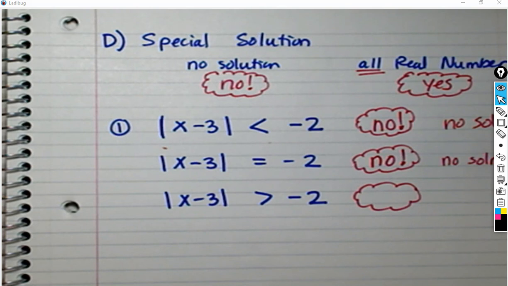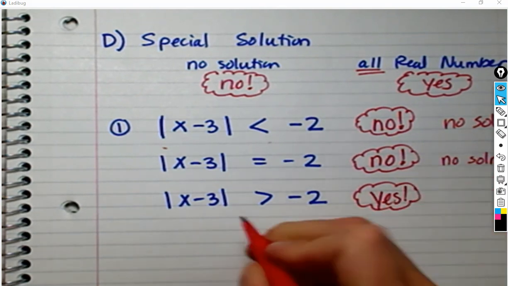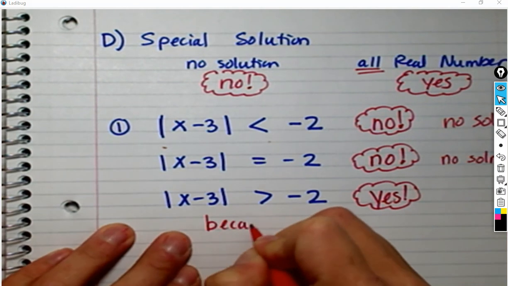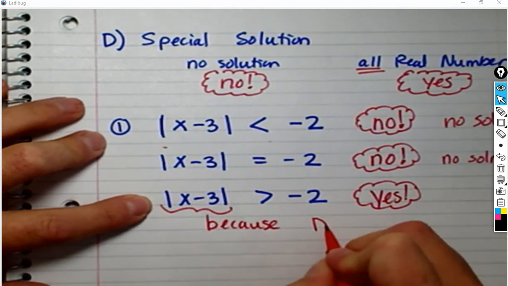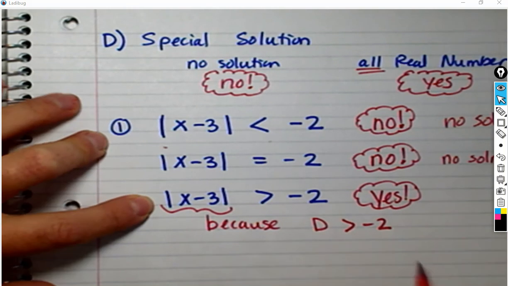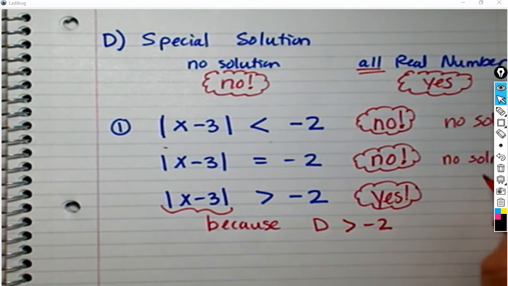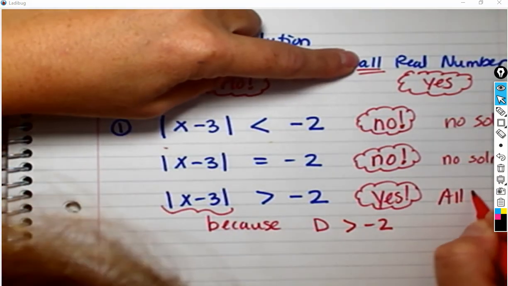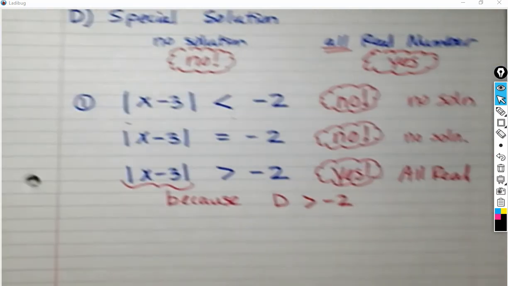What about the last one? Would it be yes? It would be, because your solution would be greater than -2, so that leaves a whole possibility. Is your distance always going to be more than -2? Yes. Guess what, guys? You do not solve past the thinking bubble if you already have the answer.